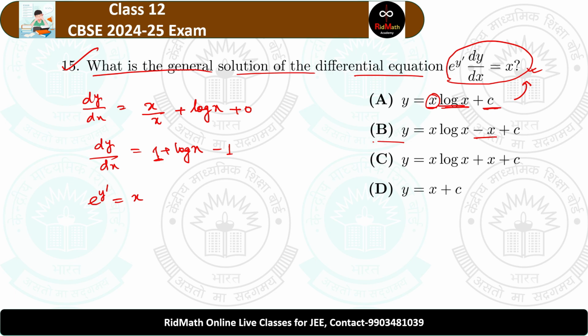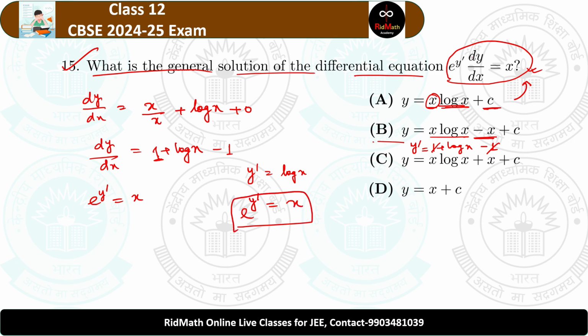So here if it is minus x, then this will give us minus 1, and from this we are getting 1 plus log x, so 1 is cancelled. This is y dash equal to log x, and y dash equal to log x will give us e to the power y dash equal to x.